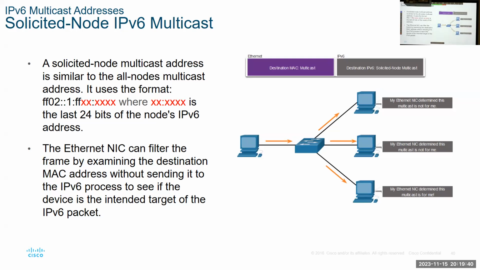So basically it sends out FF02::1:FF, and then the next 24 bits are the address that it's looking for. If it gets a reply, then it knows that address is in use. If it doesn't get a reply, then the address is not in use.